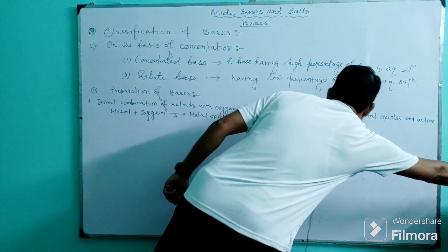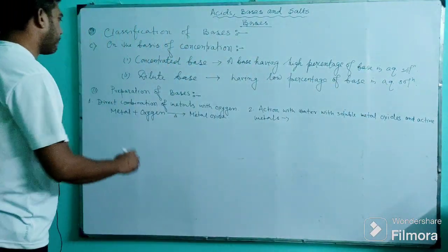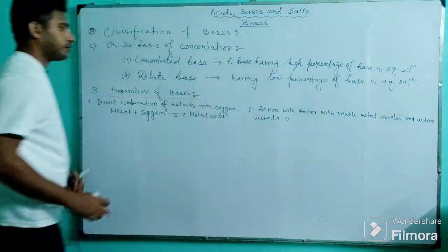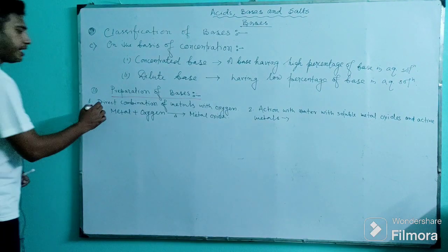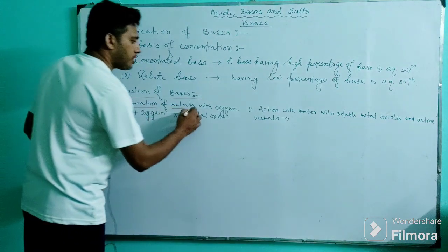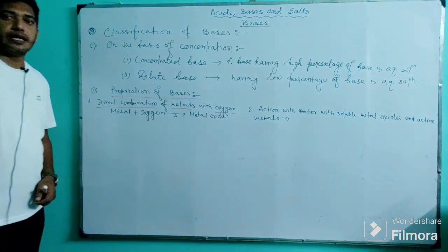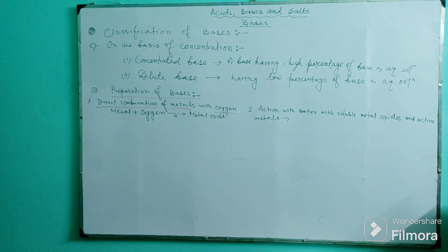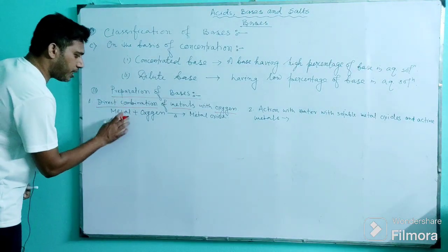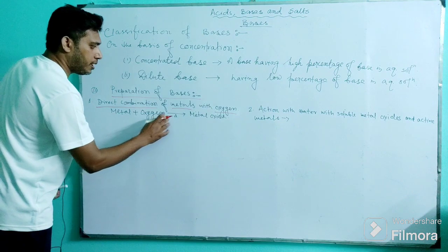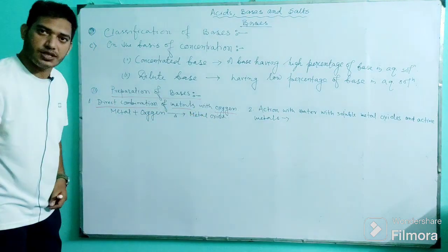Now, preparation of bases. There are several methods for the preparation of bases. The first is direct combination of metals and oxygen. If a metal is combined with oxygen, on heating it will produce a metal oxide.